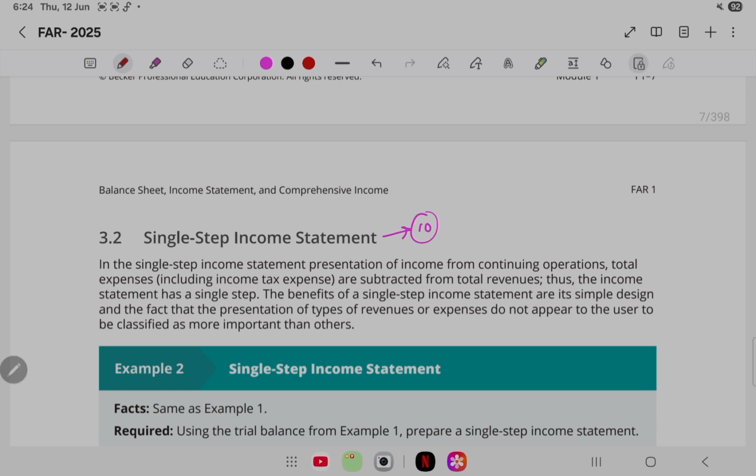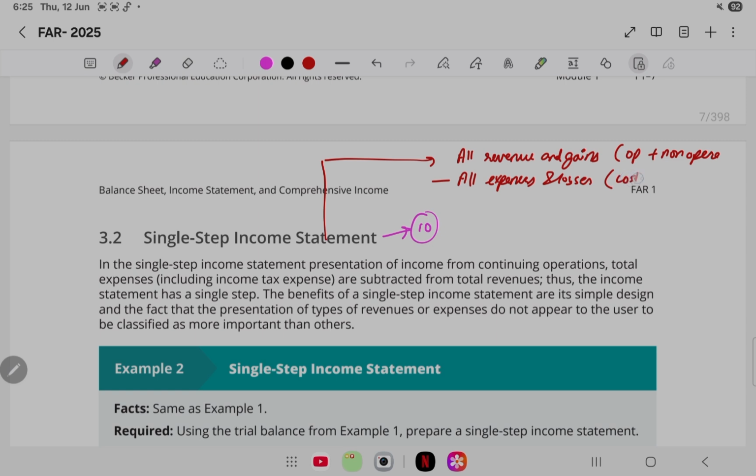In single step it is all revenue and gains, whether operating, non-operating, interest, sales return, everything, minus all expenses and losses. All the expenses means the cost of goods, depreciation, selling, income tax.